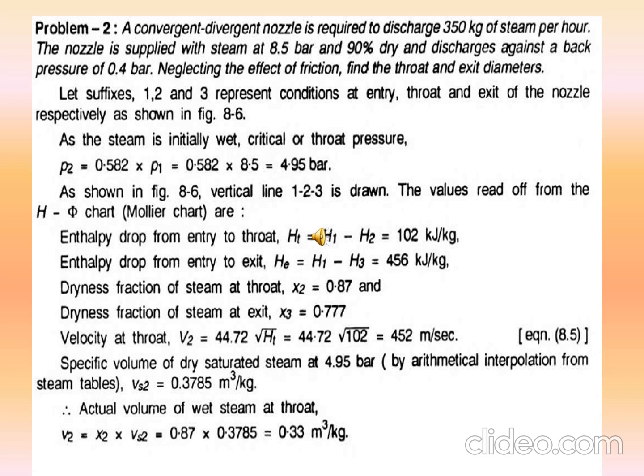We know that the steam is initially wet, so for wet steam P2 equals 0.582 into P1. So 0.582 into 8.5 bar, it will be 4.95 bar. So we got P1, P2 and P3. We know our dryness fraction, which is 90%.